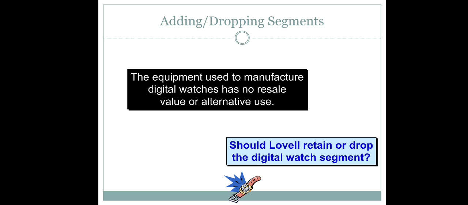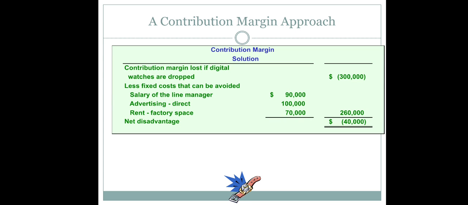So how to make the decision? You use the decision rule that you saw in the previous slide. This is the way to make the decision using the contribution margin approach. You compare the loss in contribution margin with the fixed costs that cannot be avoided.